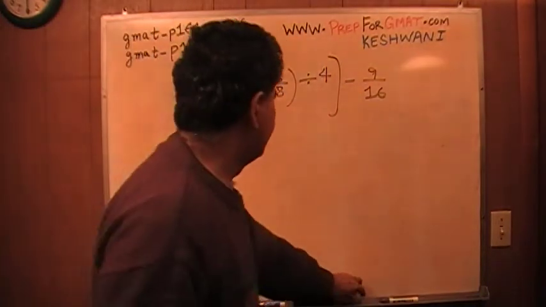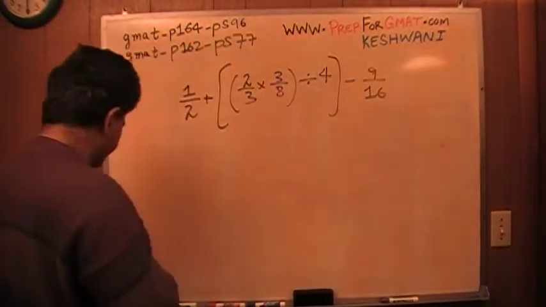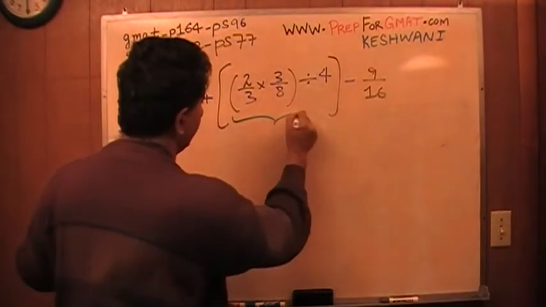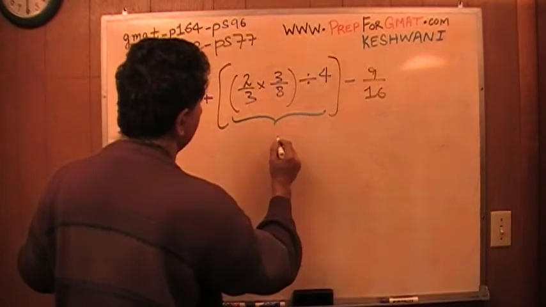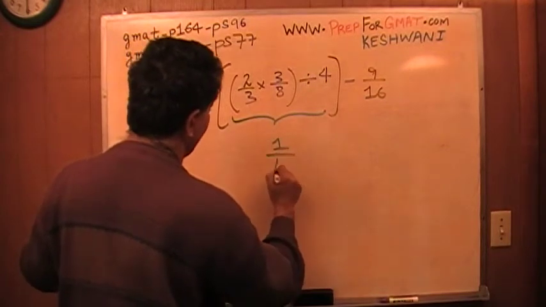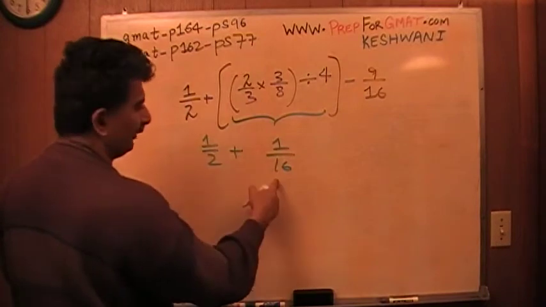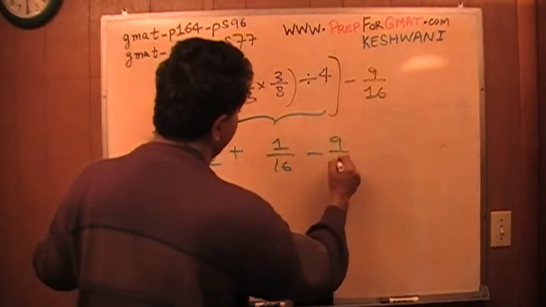Well, let's take a look. I already know that all of this part boils down to 1/16. So basically I'm asked to find 1/2 plus 1/16 minus 9/16.